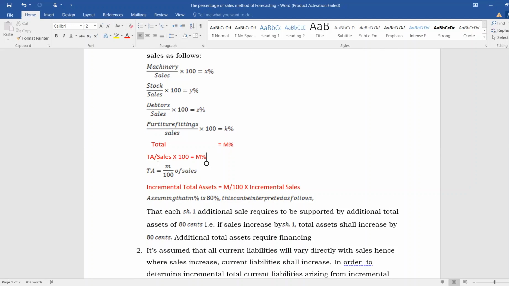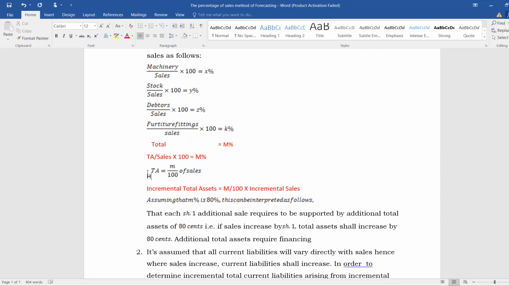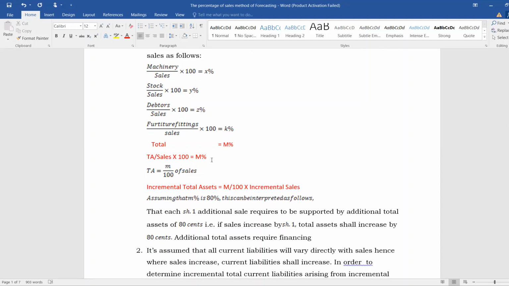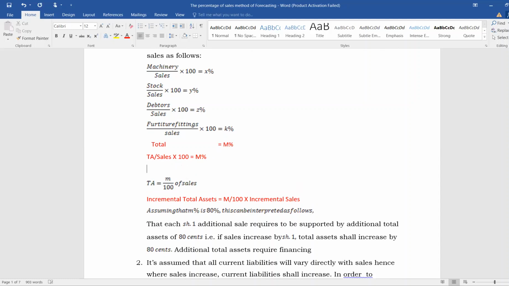Now, if total assets divided by sales times 100 is equal to M%, it therefore means, if you make total assets the subject of the formula, that total assets is equal to M% of sales.